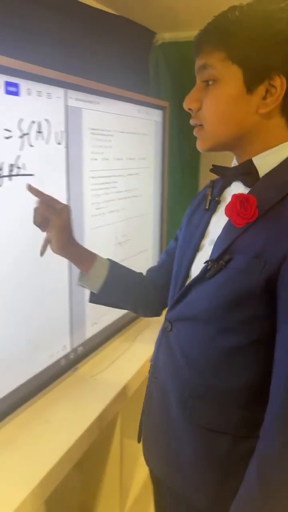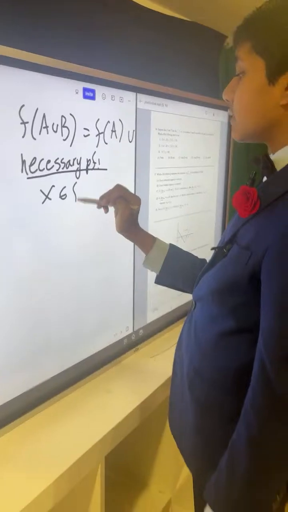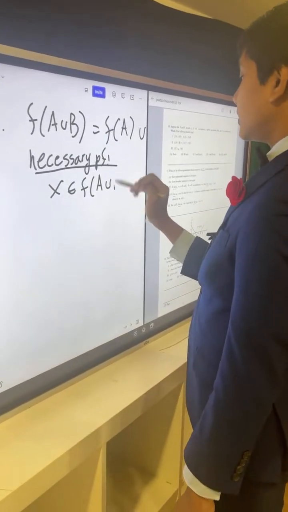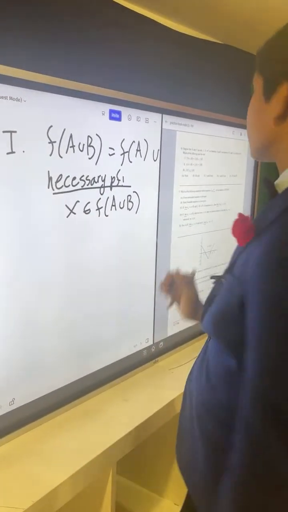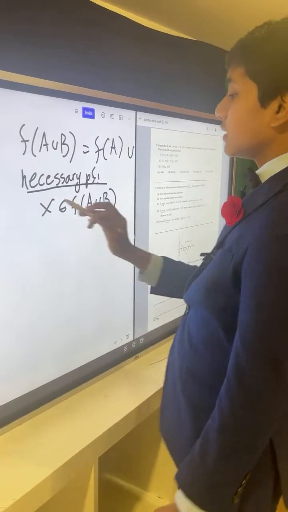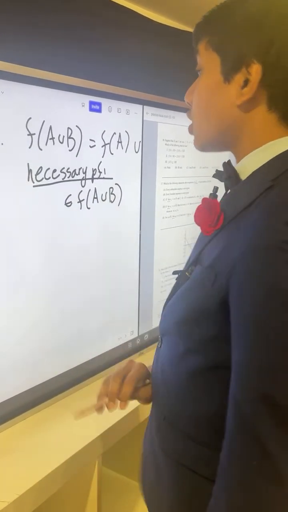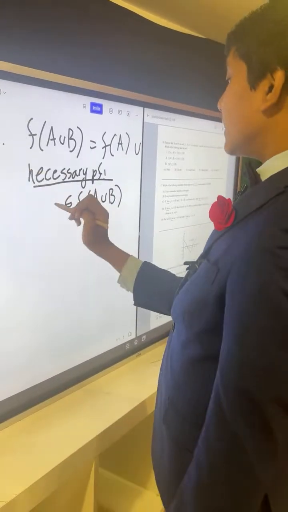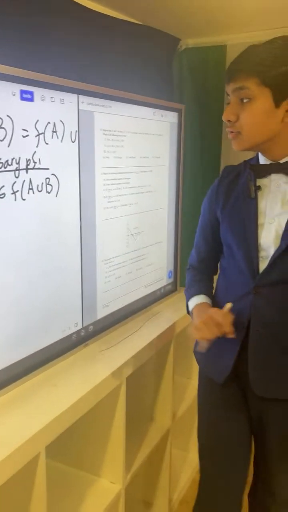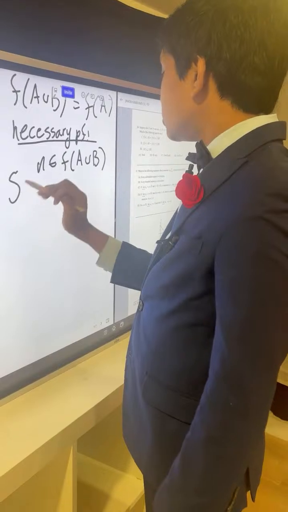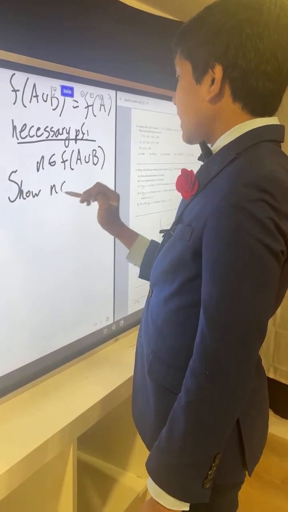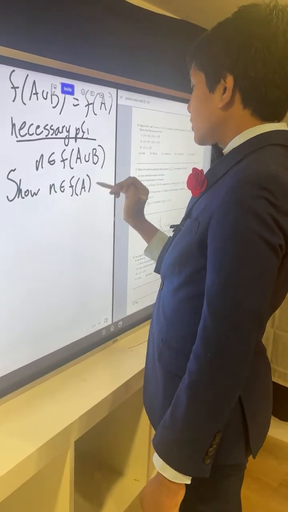So that means if x is in f of A union B, actually x is probably confusing to use given there's also a set named X, so let's call it n. If n is in f of A union B, then let's show that it's in f of A union f of B.